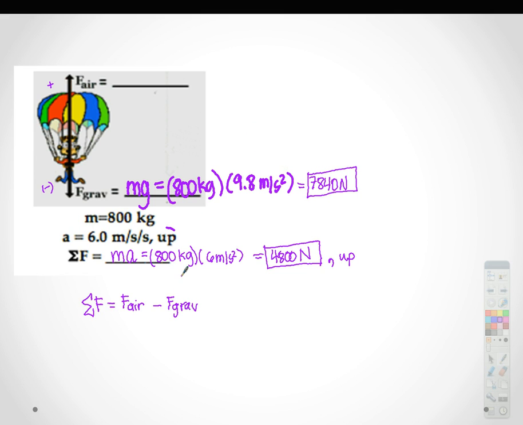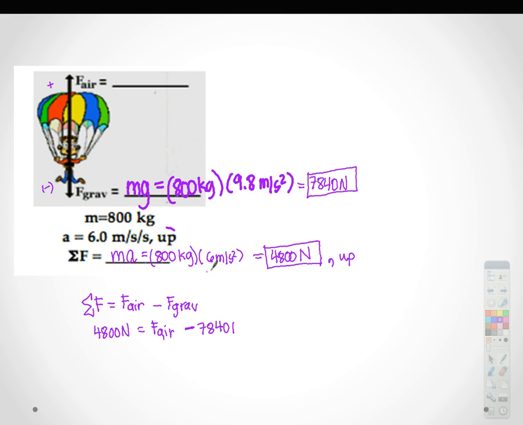After that, we can rearrange this. You can use algebra, or for those who don't want to rearrange first, you can plug in the values and do the math later on. So our net force based on our calculation is 4,800 newtons, and then we need to look for the force of air, and we subtract it with the force of gravity, which is 7,840 newtons.